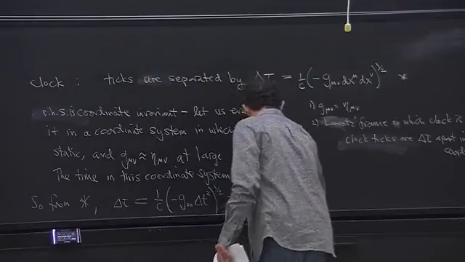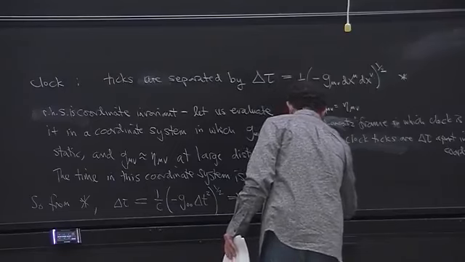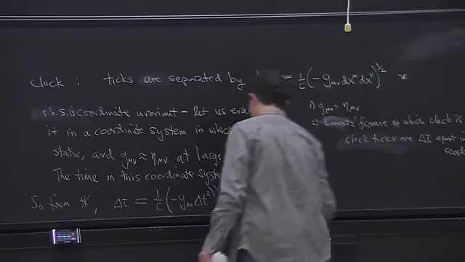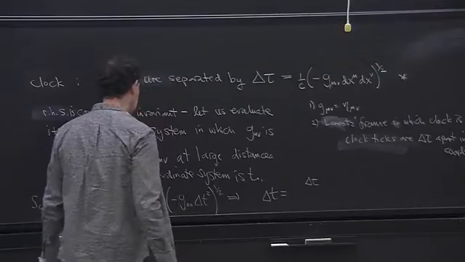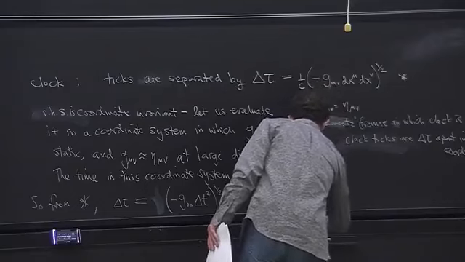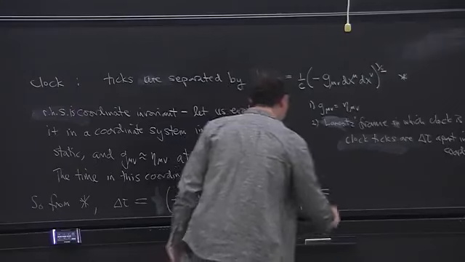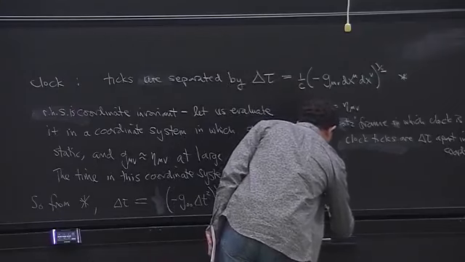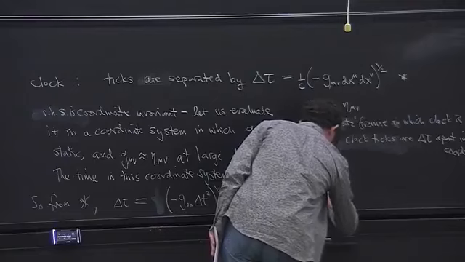In other words, delta t is equal to delta tau, and of course there is a c squared in there too, which cancels here. Delta t is delta tau over root minus g naught naught, and this is evaluated at x clock, the position of the clock.